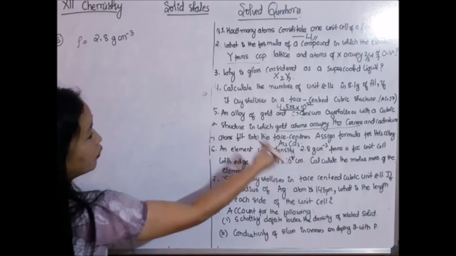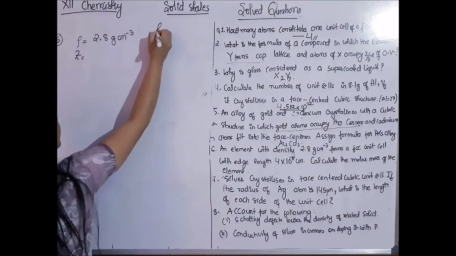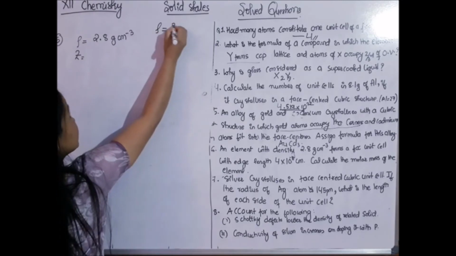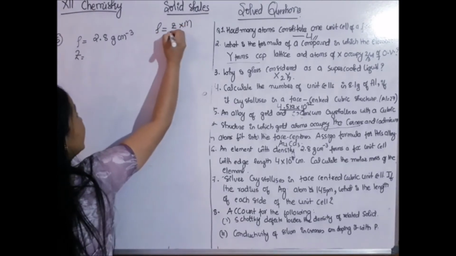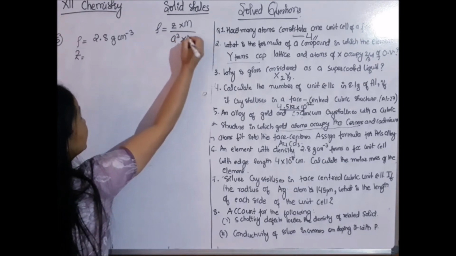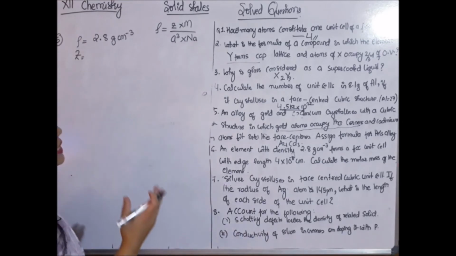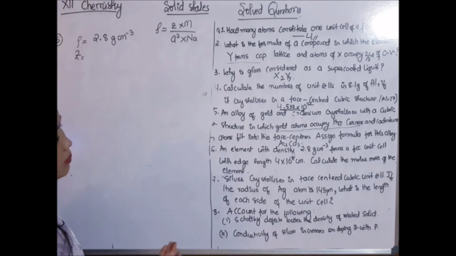Okay. Now it forms FCC. So Z is there, right? What is the formula of density? It is equal to Z into M divided by a cube into Na, where Z is number of atom per unit cell, M is molar mass, a edge length, Na Avogadro number.